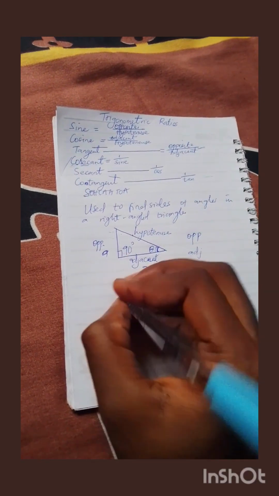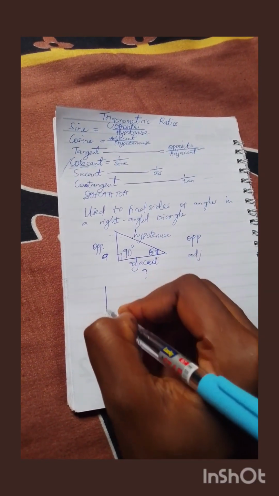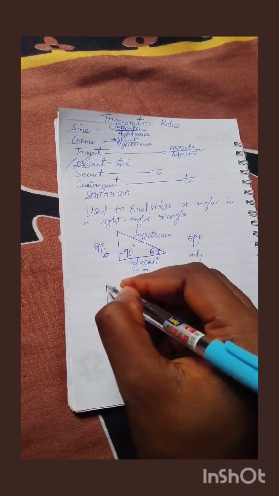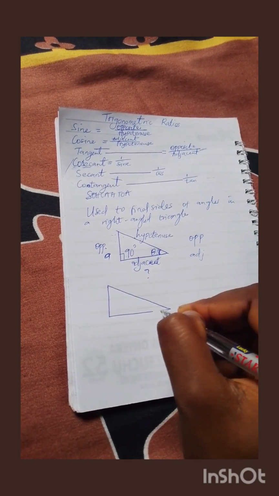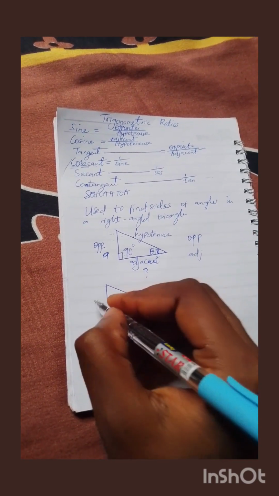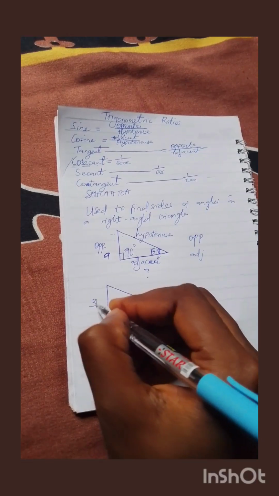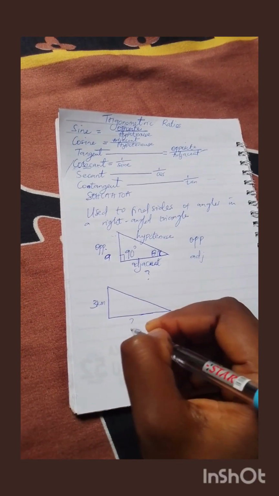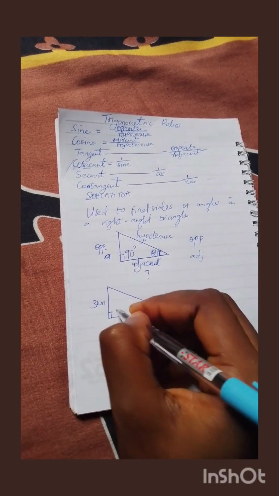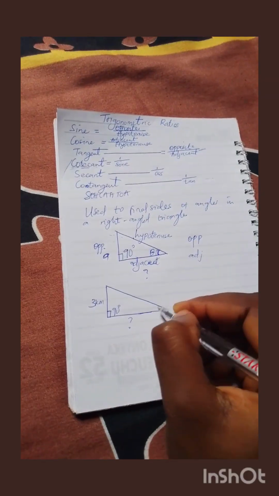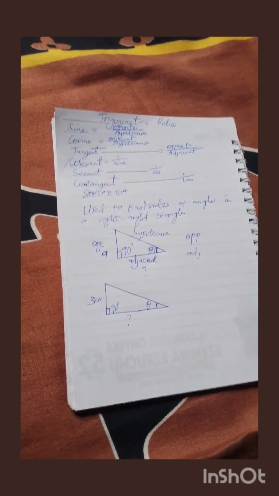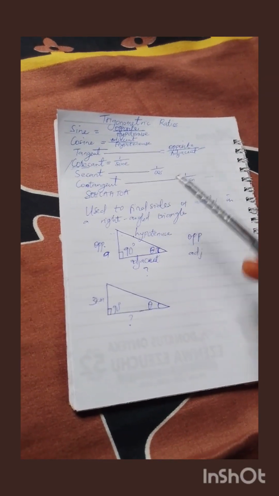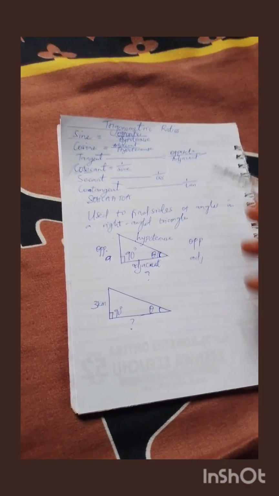So now, let me solve an example. Let's assume that you were given a triangle, and you are given that this side is 3 kilometers, and you are asked to find this side. Remember, this is a right angle, so this is 90 degrees, and maybe you are given this angle as theta. The one that has opposite and adjacent in it is tan.